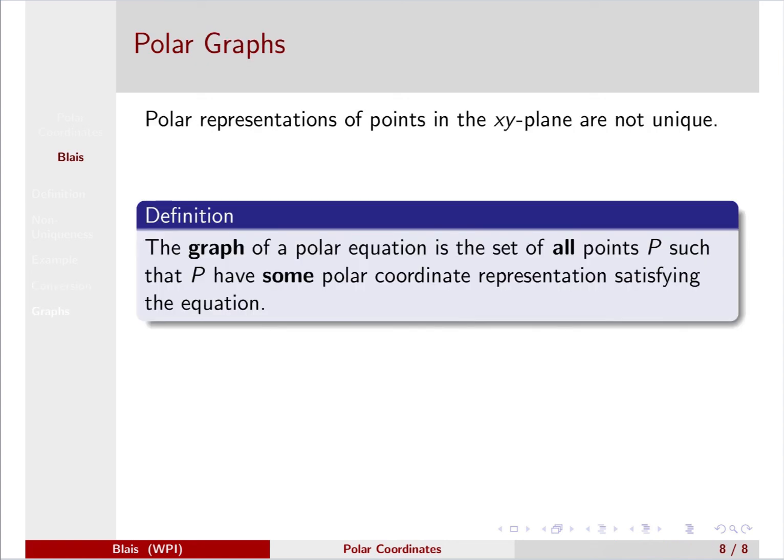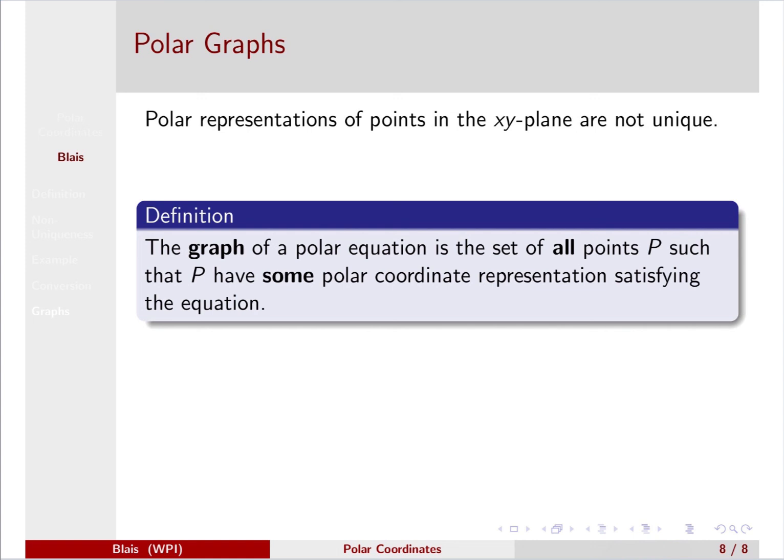But let's just look ahead a little bit and think about this issue. Graphing in polar becomes a bit tricky because of the fact that the polar representations of points are not unique. And so the way that we have to define a graph is in the following way. The graph of a polar equation is the set of all points P such that P have some polar coordinate representation satisfying the equation.